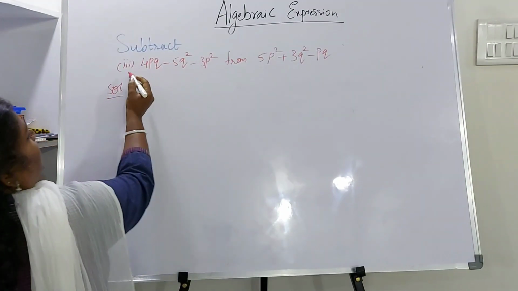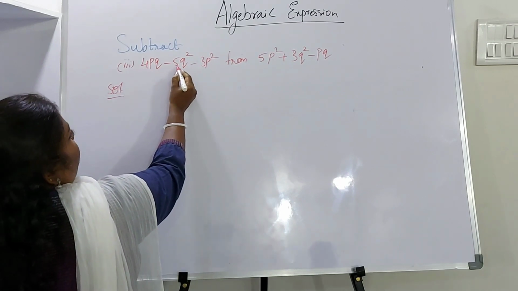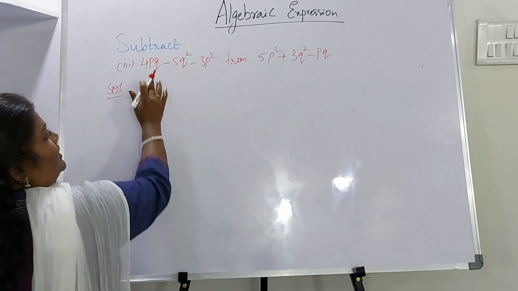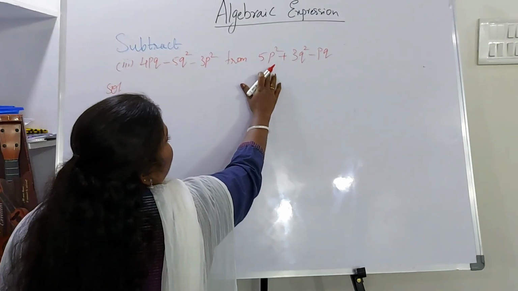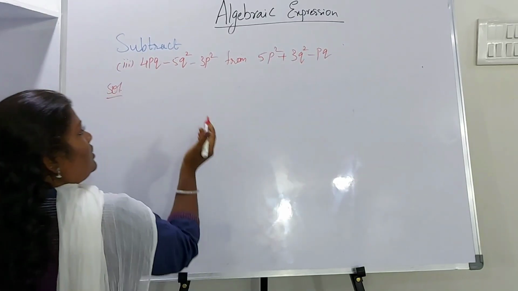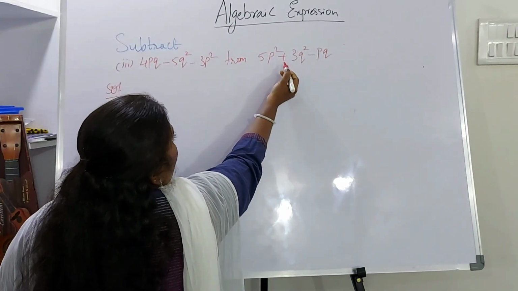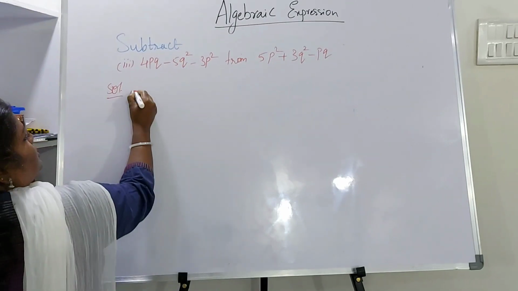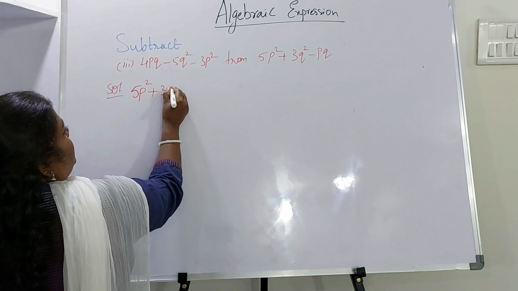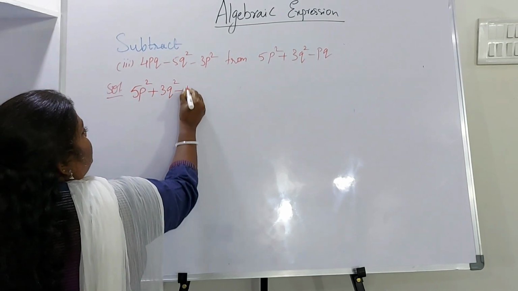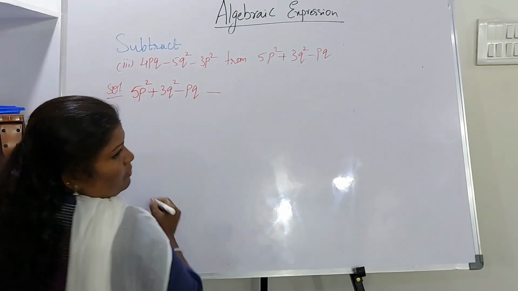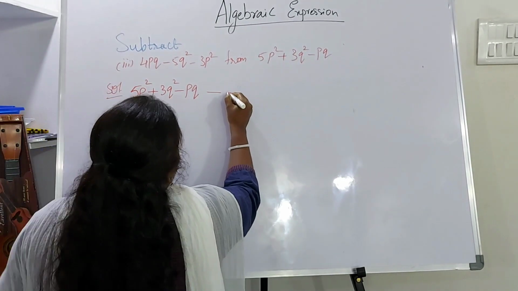Okay, I have taken 4pq minus 5q square minus 3p square. You have to subtract this from 5p square plus 3q square minus pq. So remember, the second expression should be written first. So 5p square plus 3q square minus pq. Subtract. So we have to write the subtraction symbol and write the first expression.